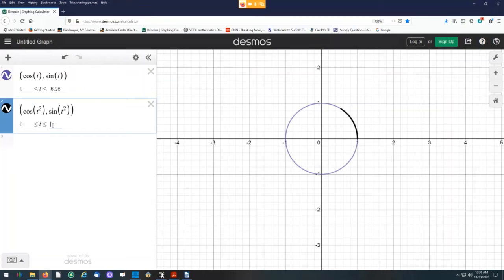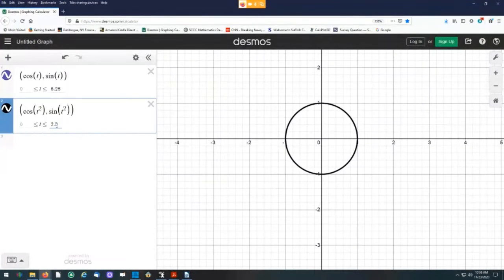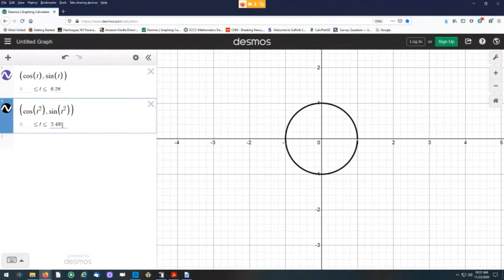Now, if I go up to, say, 3, or say 2, see, I'm almost there. Let's go to 2.5. It's actually a little bit less than that, so 2.495. Roughly, yeah, so it's very close to that.